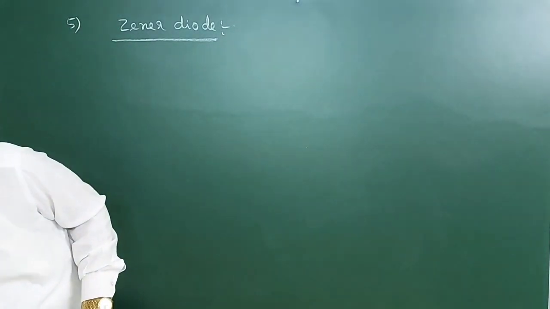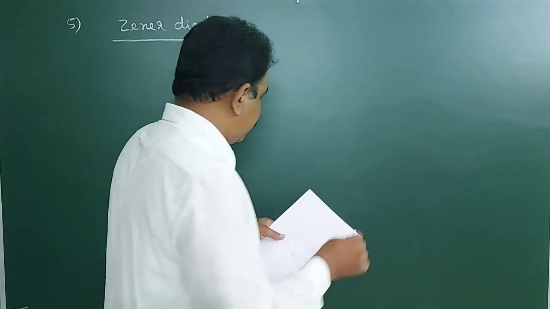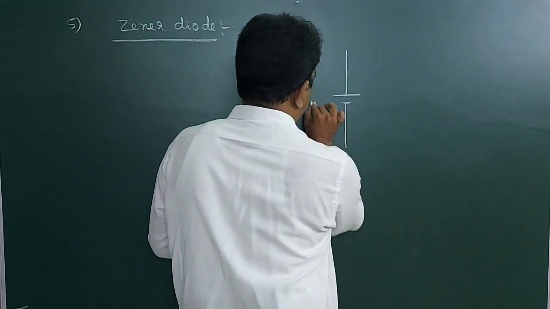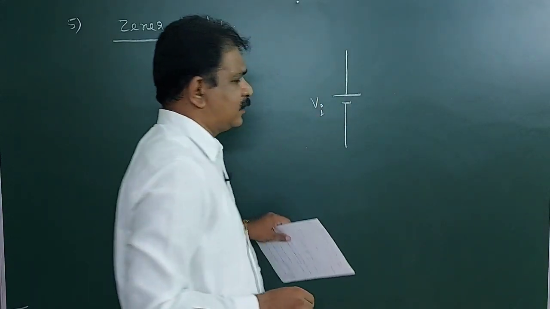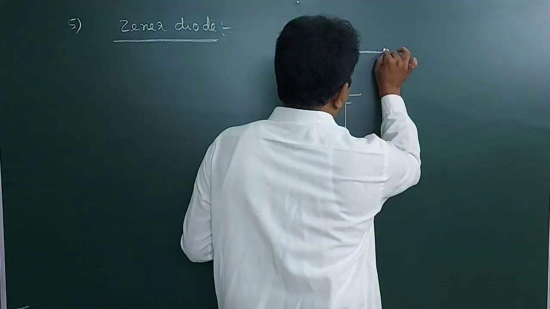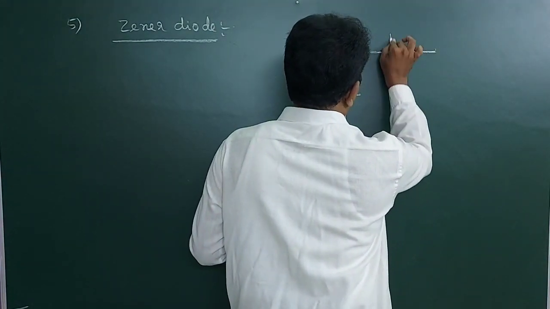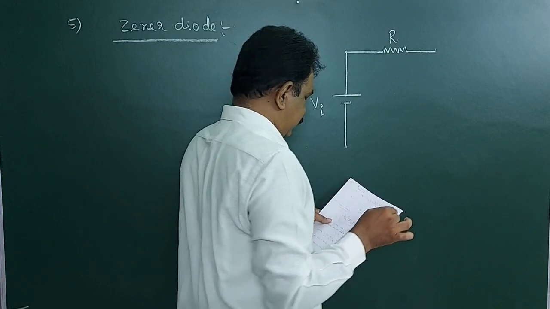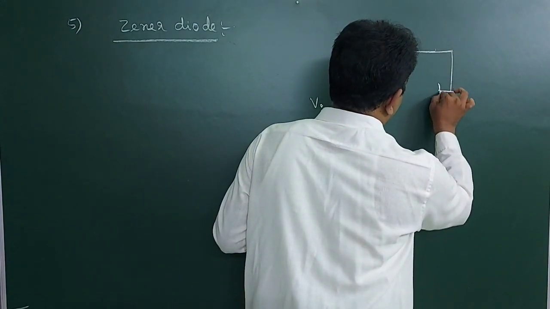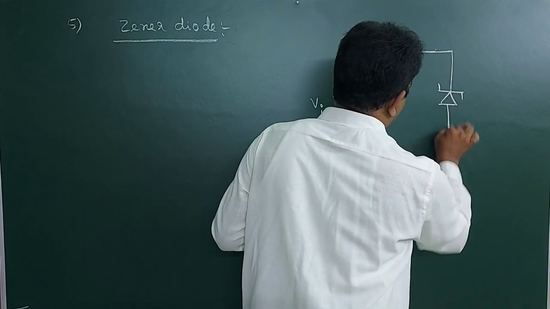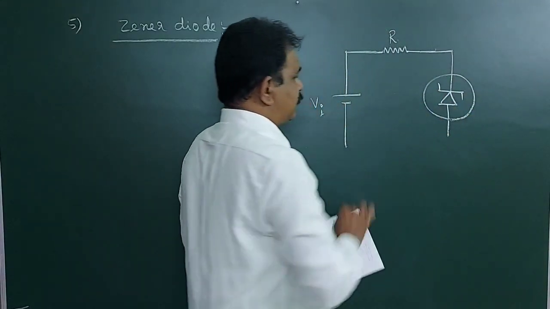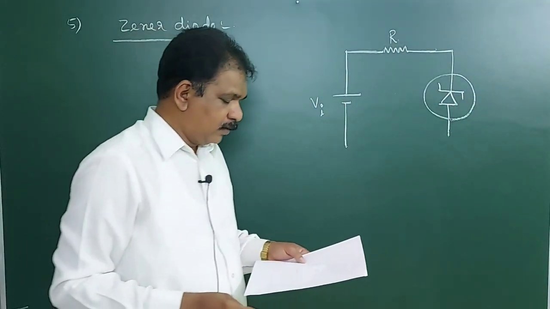If you consider the circuit of the Zener diode, it will be like this. Here input voltage will be there. This is the input we are giving to the Zener diode, and here series resistance will be there. Let its resistance be R. Here Zener diode will be there. This is the symbol for the Zener diode. This entire symbol will be called the Zener diode symbol. Okay.